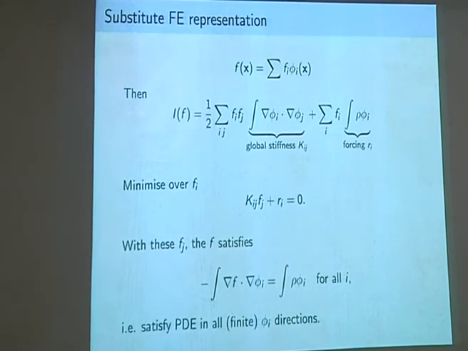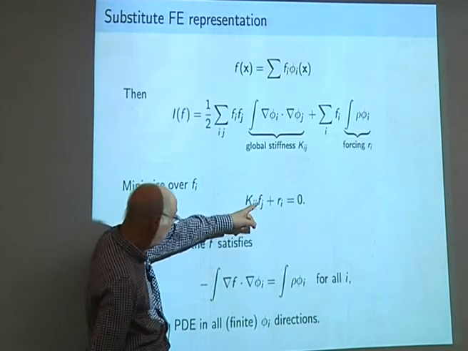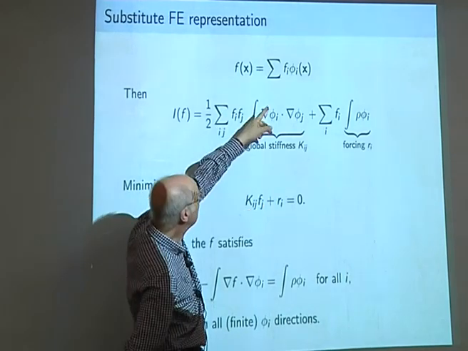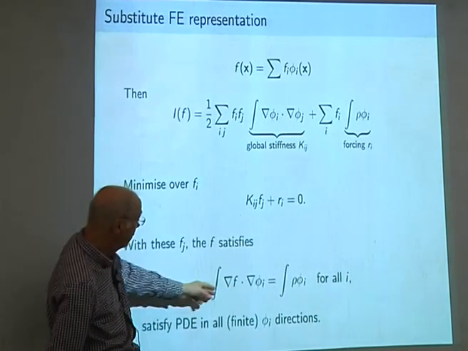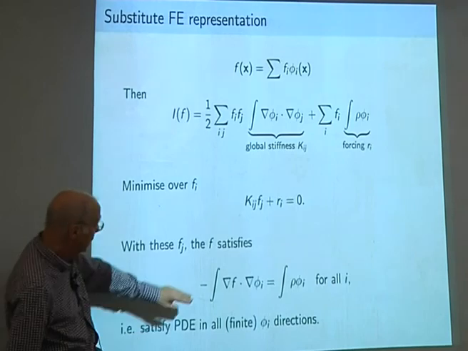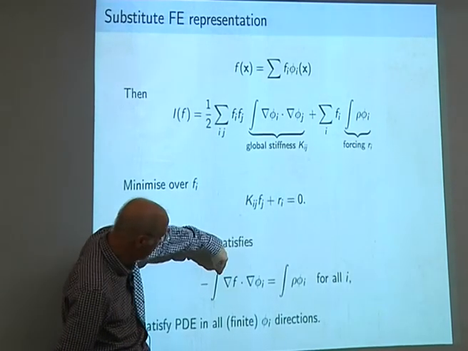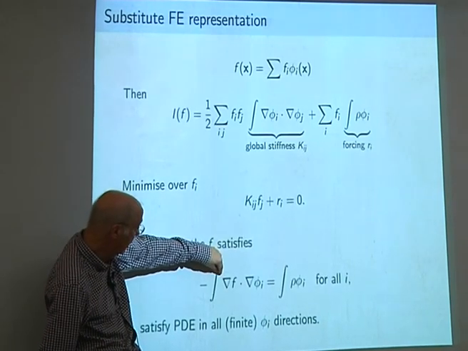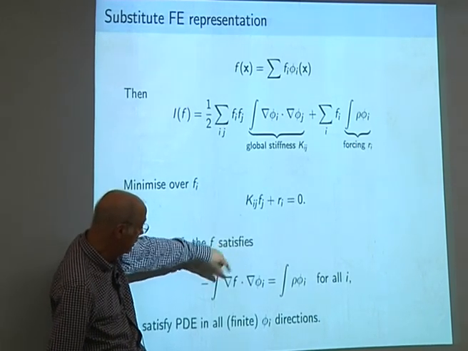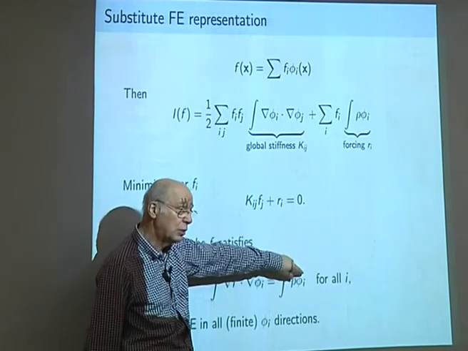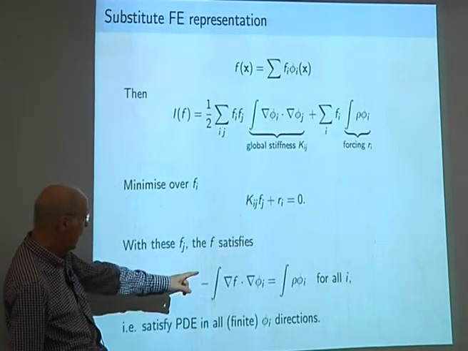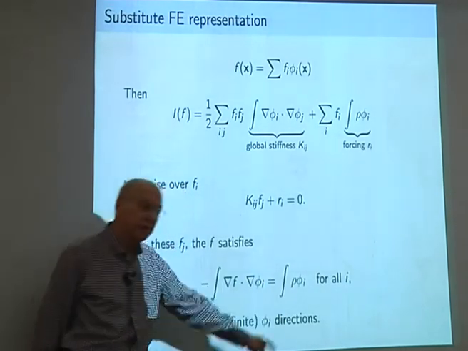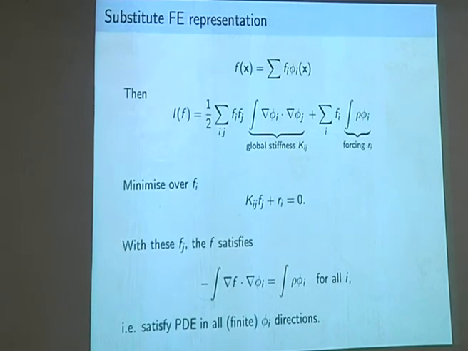What this is saying is that the governing equation, del squared F equals rho, has zero component in all of the directions of the basis functions.